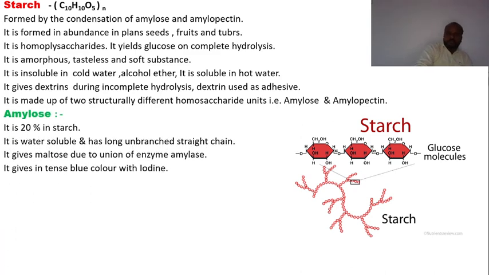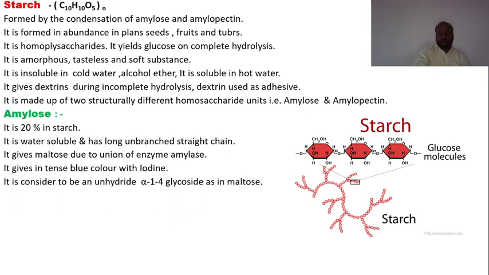Amylose makes up 20% of starch. It is soluble in water, a long unbranched straight chain. It gives maltose through the action of the enzyme amylase. It gives an intense blue color with iodine, so we test amylose with the help of iodine.